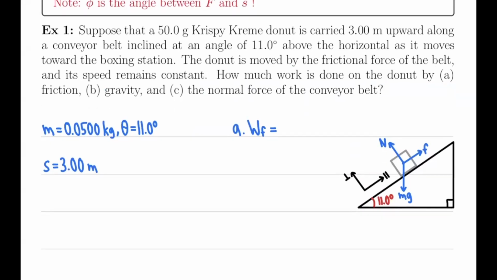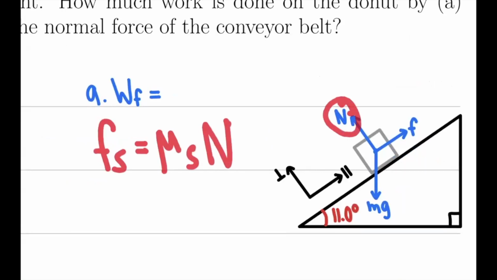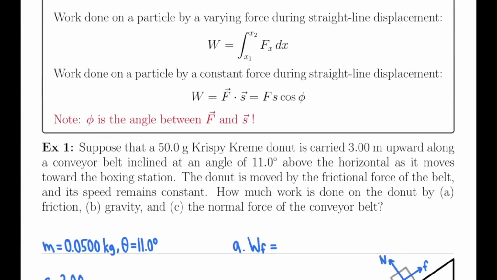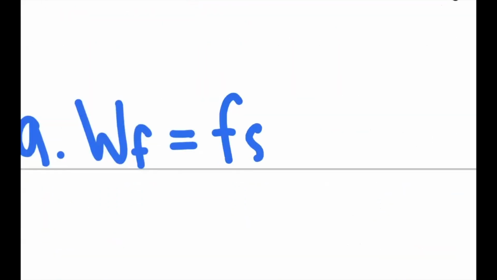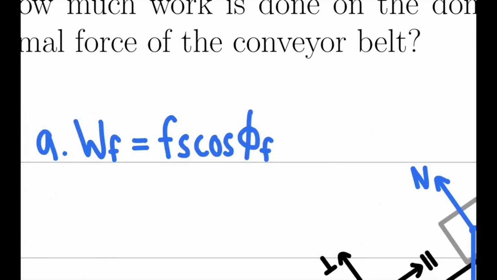This is basically static friction, and we know static friction is mu s times n, and n is constant because it's just equal to mg in the perpendicular direction, and that's not changing. Friction's constant, so we don't have to do an integral. We can just do f s cosine phi, where f is lowercase f, which is friction. I'm going to write phi sub f, so we have different phi's.